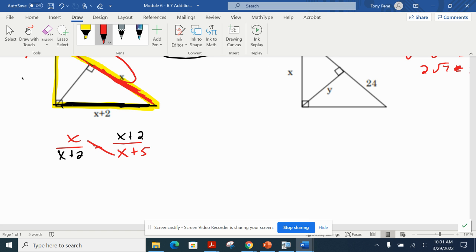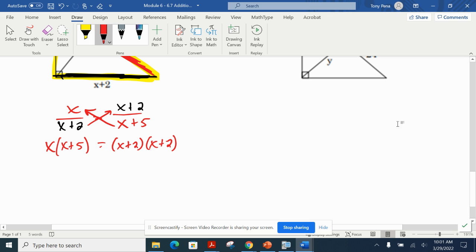Now, you're still going to cross multiply, so we'll be a little more thorough here. I just write it as x times x plus 5 initially. And then we're going to cross multiply these guys. So I'm just going to do the x plus 2 and then show that we're going to do times another x plus 2. Both of these we need to distribute. On the left-hand side, the x is going to get distributed, so x times x is x squared. When we do the x multiplied by that 5, we would just get 5x.